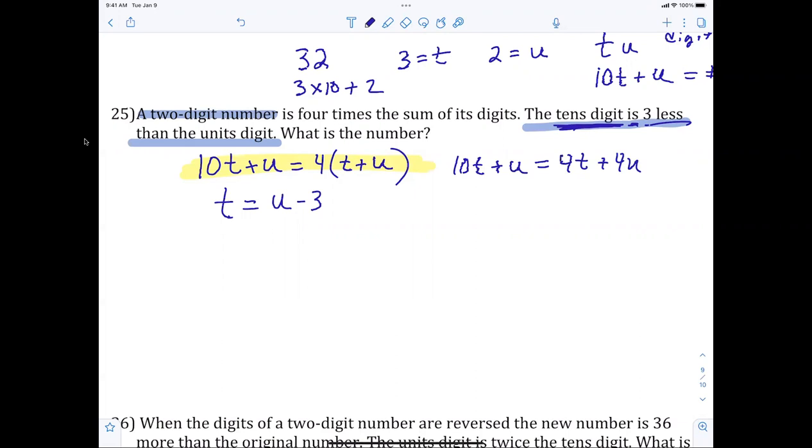Now, does everybody agree I can subtract 4t and subtract u? 6t equals what? 3u. Come on, Oliver. Now, instead of having 6t equals 3u, I can just divide both sides by 3. And so we could say that u is equal to what?